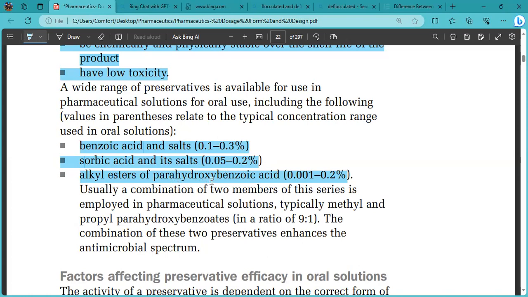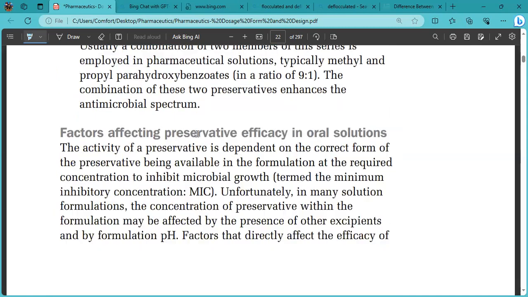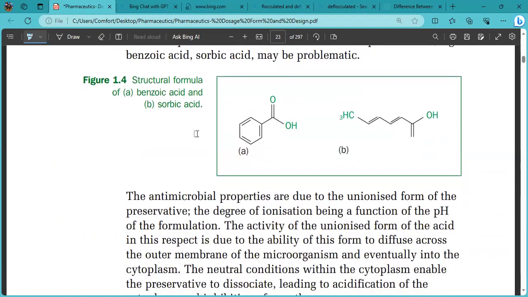And then alkyl esters of para-hydroxybenzoic acid, the parabens. It's much more rare to use this one. Most people are phasing out paraben in their preparations, and so benzoic acid and sorbic acid, as well as their salts, are the most common preservatives being used on the market.